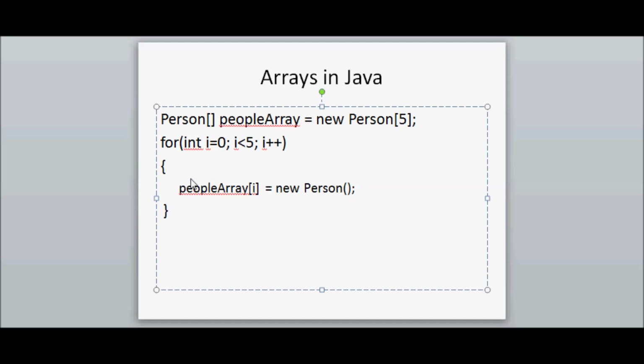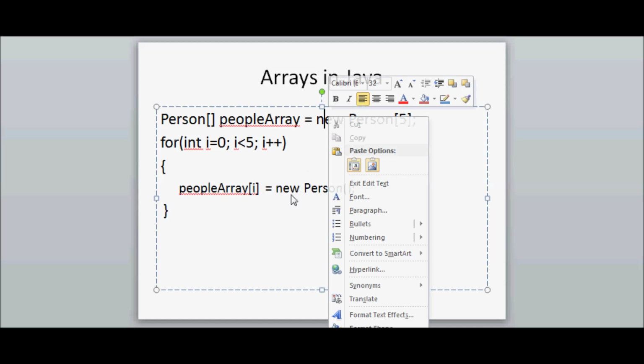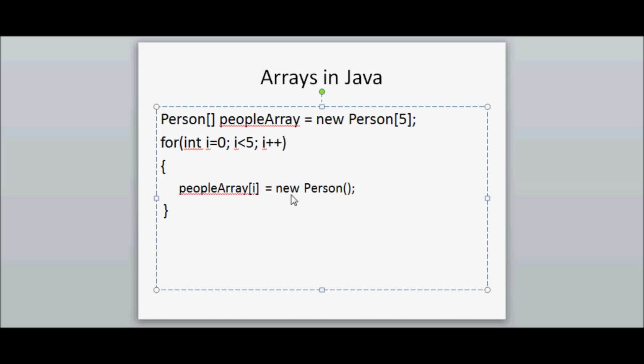Notice, because these are actual objects, I have to go through and actually instantiate each object. So not only am I declaring and creating the array by using the new, but then I have to instantiate each object within the array itself. For example, I just use this for loop that starts off at 0 and goes to 4, and I instantiate each one of the objects.